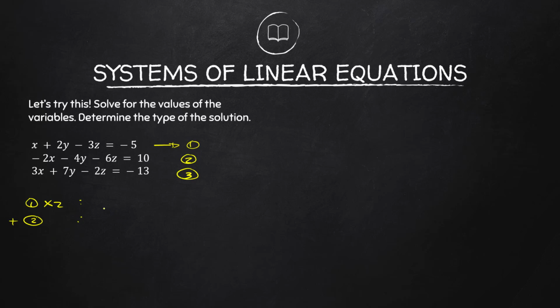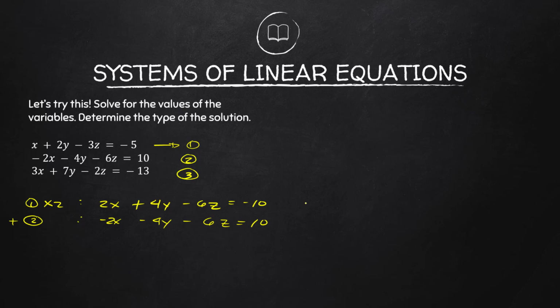So doing that, we have 2x plus 4y minus 6z equal to negative 10. Did we get it right? Yes, we did. And let's just copy the second equation. This will become negative 2x minus 4y minus 6z equal to positive 10.